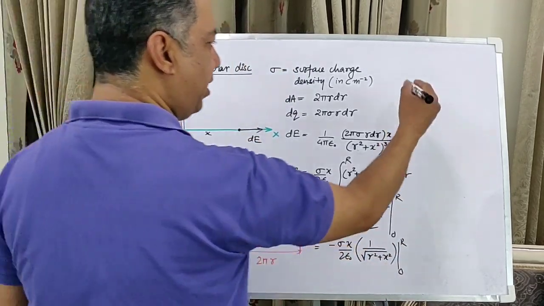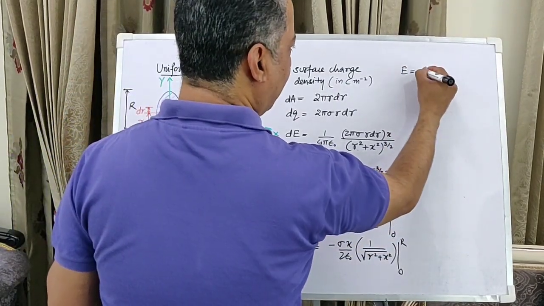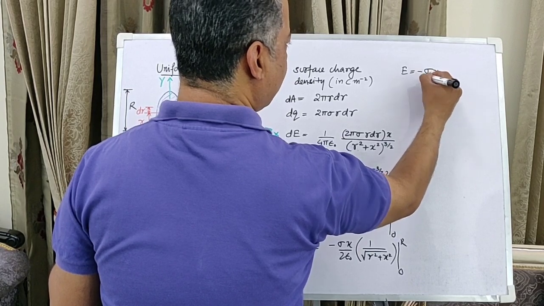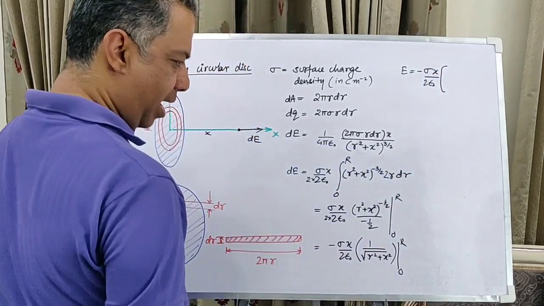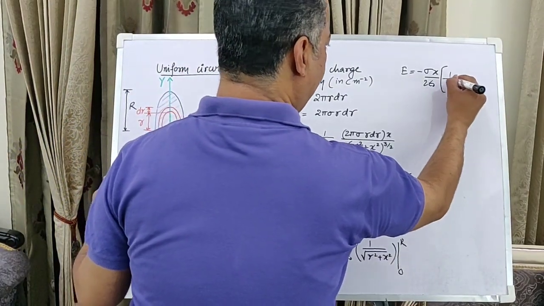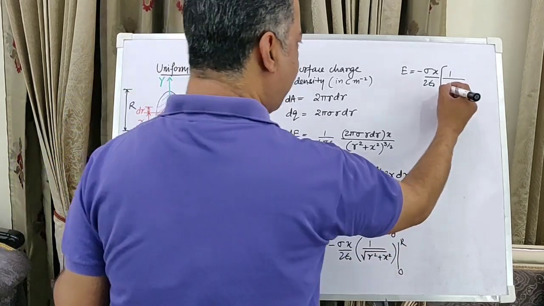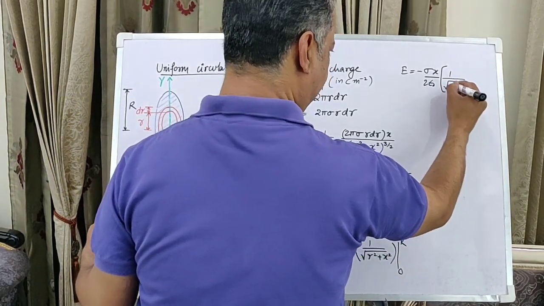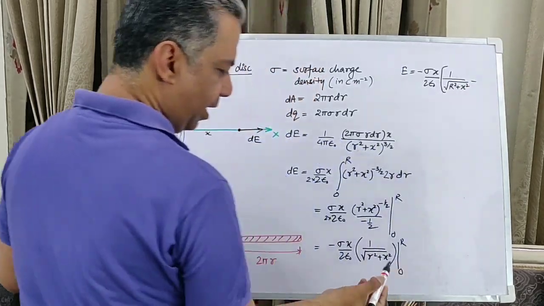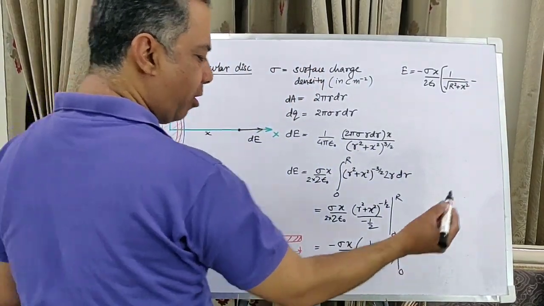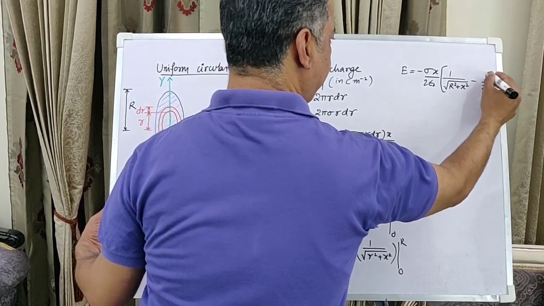When we implement these limits, we get E equals minus sigma x by 2 epsilon naught, and inside the bracket we have 1 by root of r square plus x square, where capital R is placed in place of small r, minus, when we place 0 in place of small r, we get 1 by root x square, that's 1 by x.